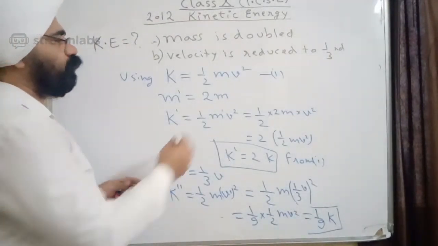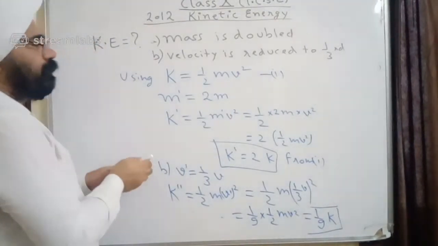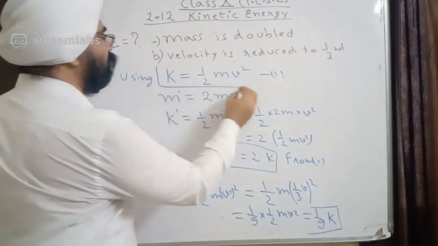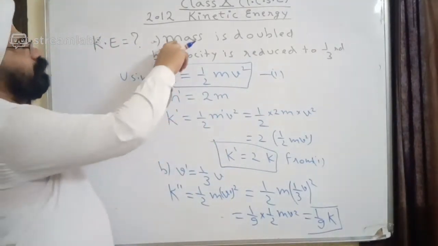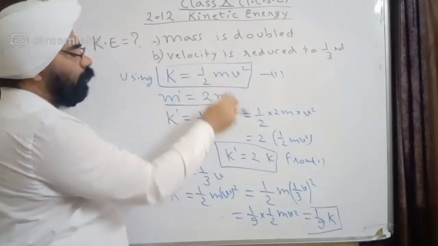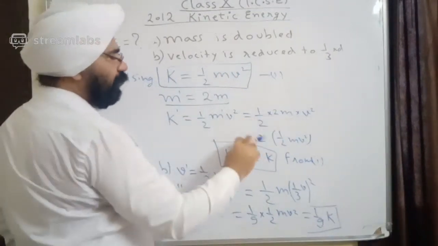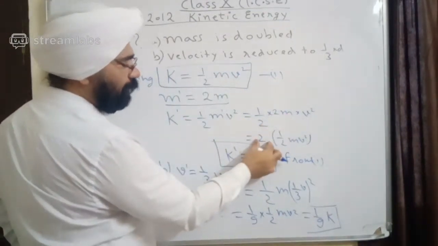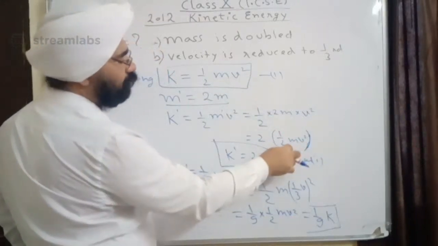What I have to do is assume that the body has mass m and velocity v, and I write the expression for kinetic energy. I name it my first equation. Then I go to the cases. In the first case, the mass is doubled, so I replace m by 2m over there. I again change it in this form by bringing whatever else is there in front. So I bring in the 2 and I keep the expression of the initial kinetic energy over there.